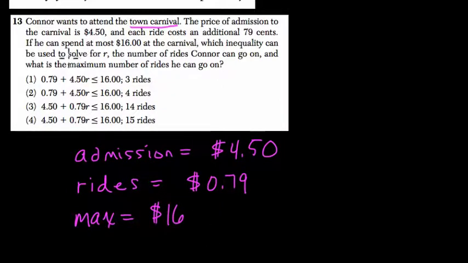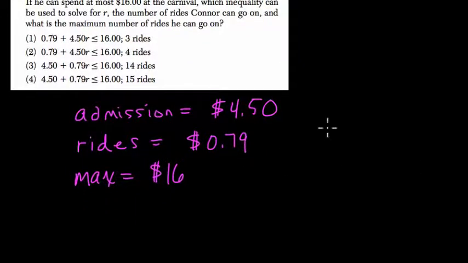Which inequality can be used to solve for R and find the number of rides he can go on? Well, think about this, right? One way to think about this is that we're trying to find the maximum number of rides, R, he can go on.